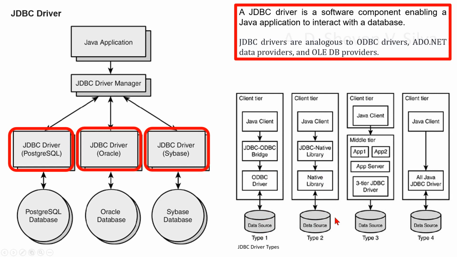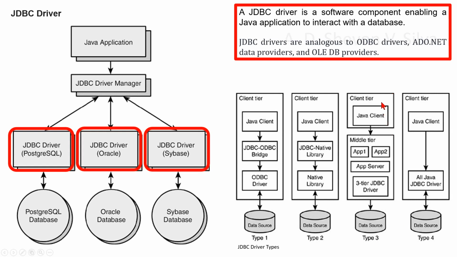In type 2 you can see the Java client, JDBC native library and native library are inside the client tier. The Java client is connected to the JDBC native library. The JDBC native library is connected to the native library, and the native library interacts with the data source.